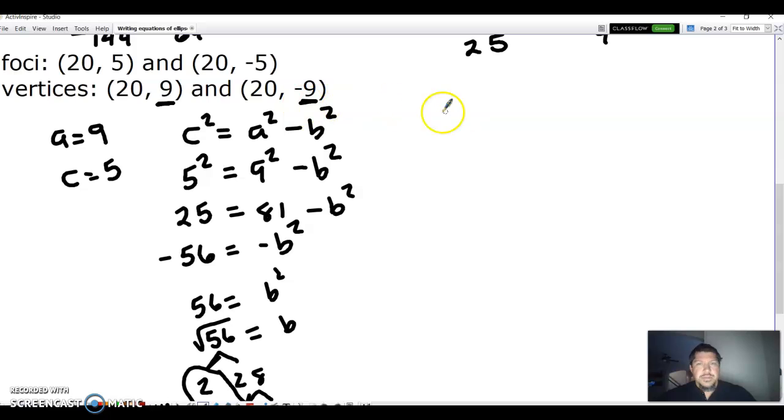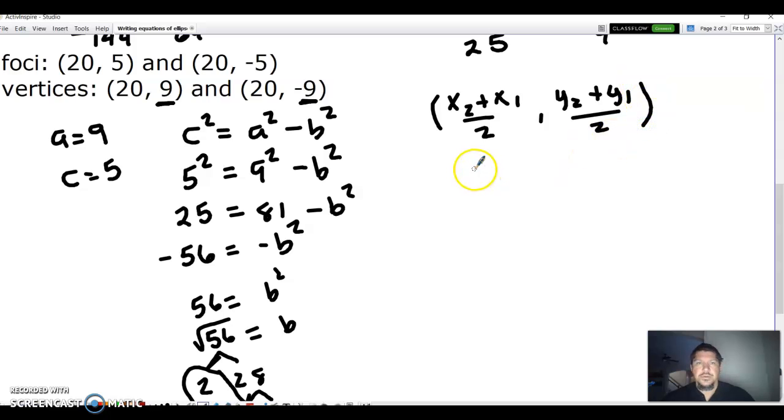Alright, so we need our center. So the center is going to be halfway between these. So midpoint formula: x2 plus x1 over 2, y2 plus y1 over 2. So that's going to be 20 plus 20 over 2, and 9 plus negative 9 over 2.